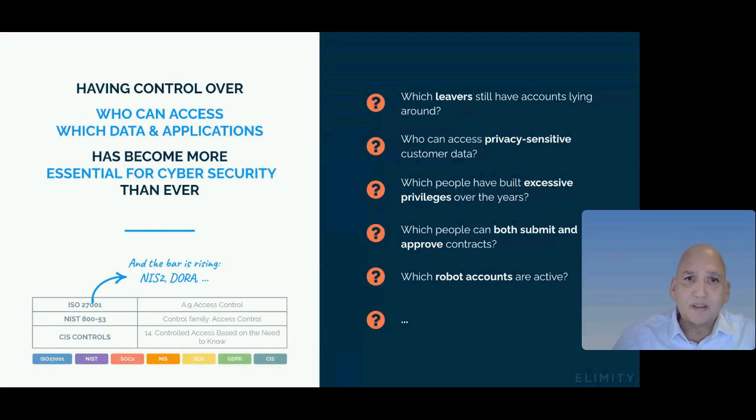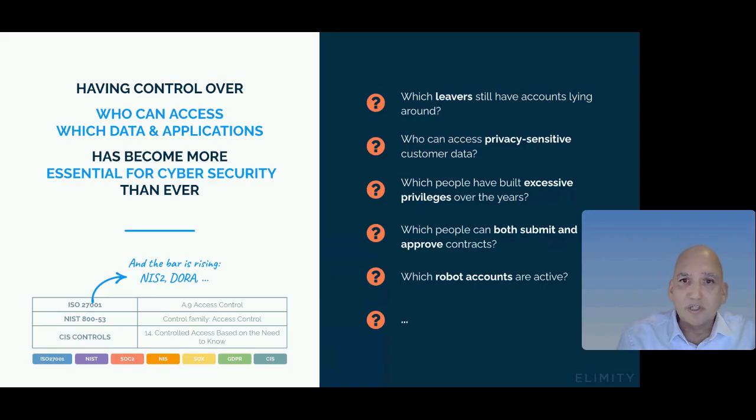So, with identity governance in place, when you are in control, you should be able to answer questions like, do you know whether there are still active user accounts in your systems that belong to people that already left the company? Or can these people still access your systems? Do you know who of your employees exactly has administrator rights on your critical services?